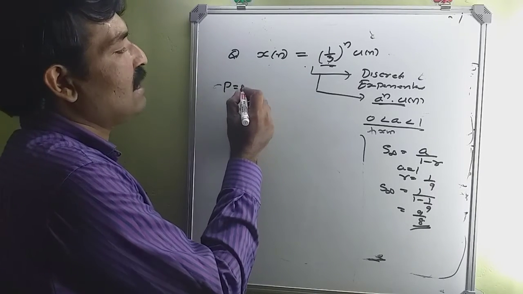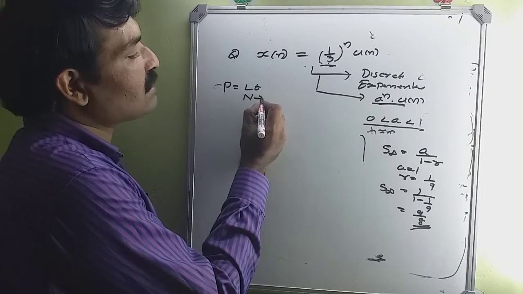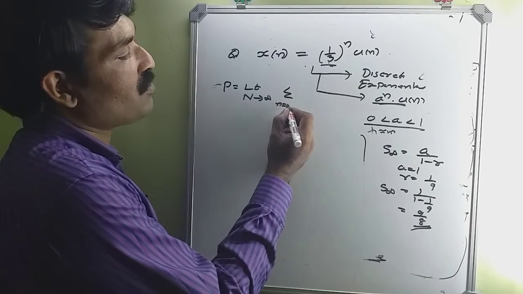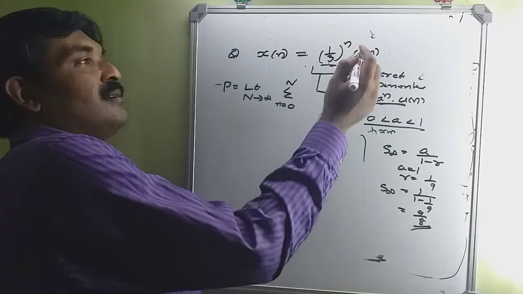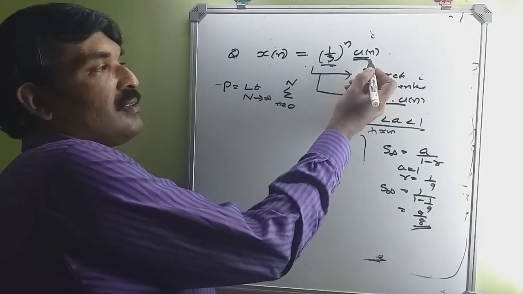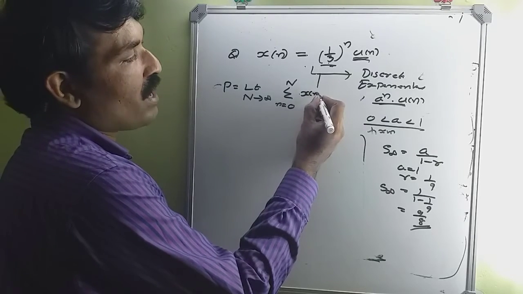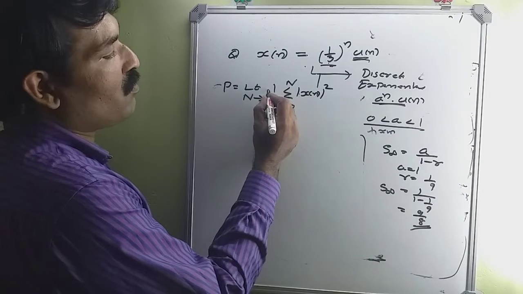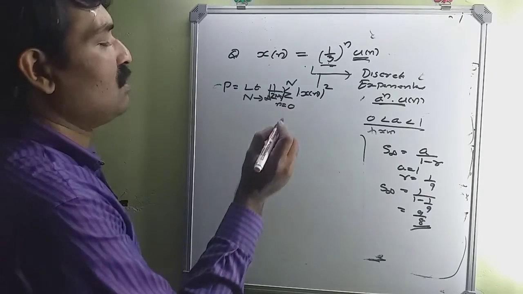Power of the signal is equal to limit n tends to infinity summation n varies from minus n to n. That is 0 to n, since the signal is defined for n greater than 0. This into x of n the square divided by the base, which is 1 by 2n plus 1.